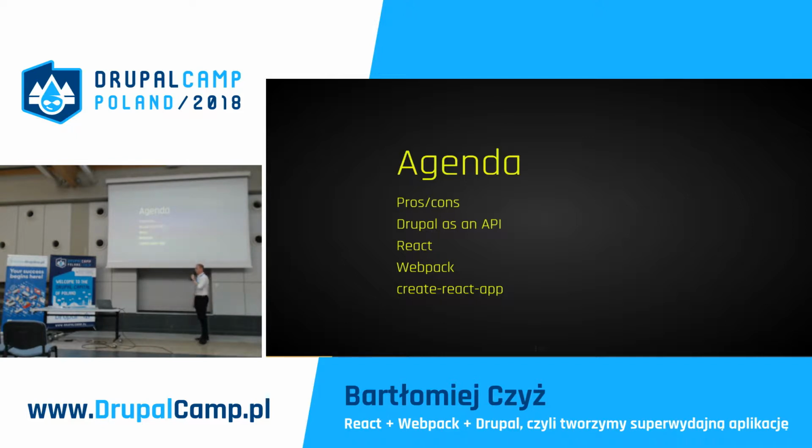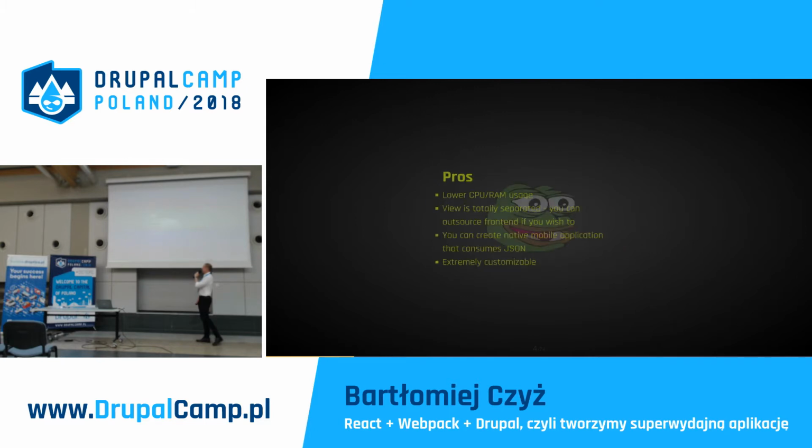Then we're going to move to React itself. I'm going to explain what React is and how easy it is to install it. Then we're going to talk about Webpack. I don't know if some of you already know what Webpack is. And we're going to finish with Create React App. So let's start with the pros.